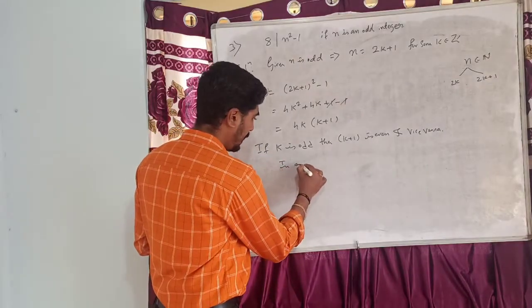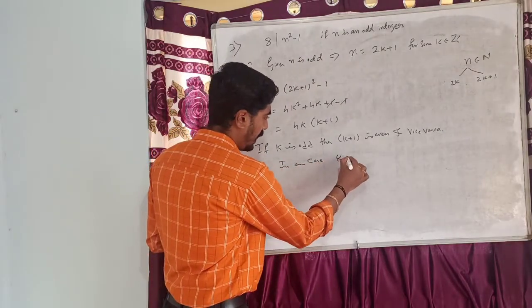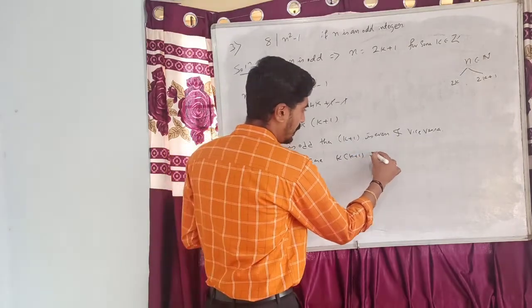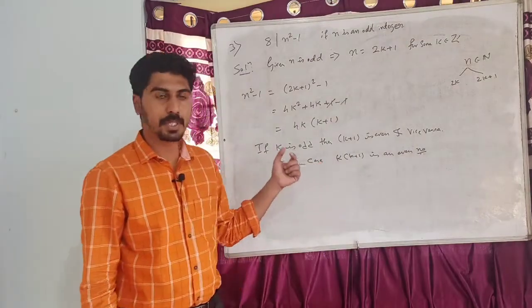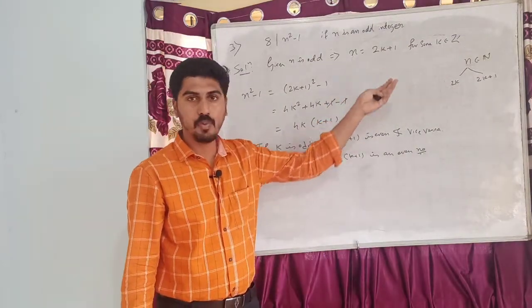In any case, k into k plus 1 is an even number. So it can be expressed as 2m form.